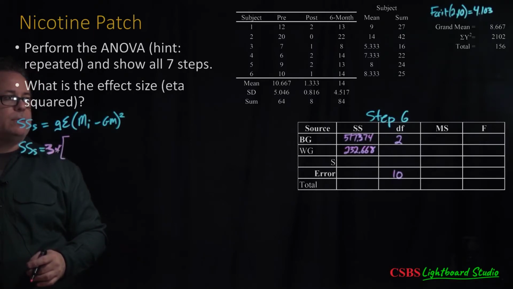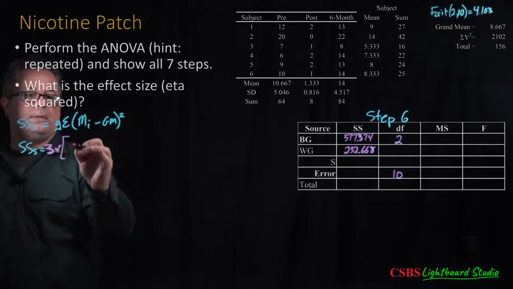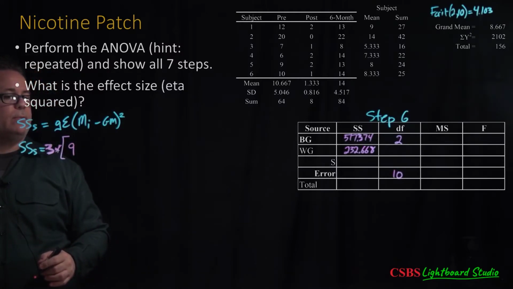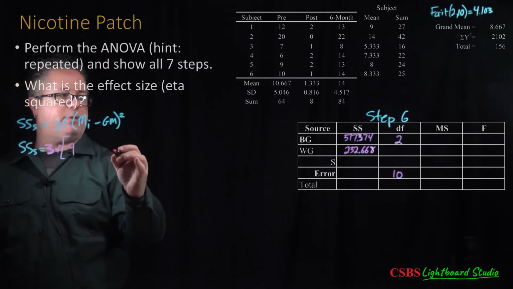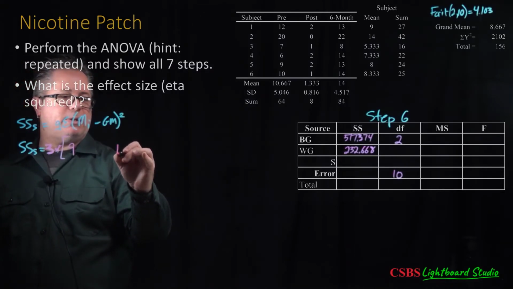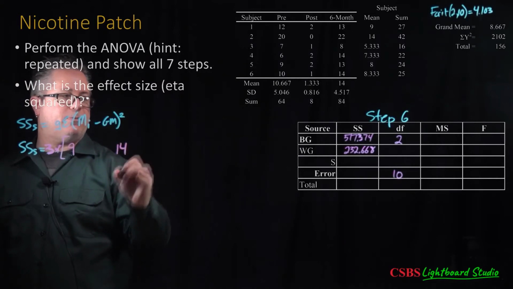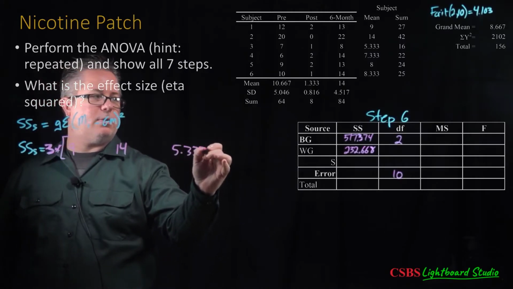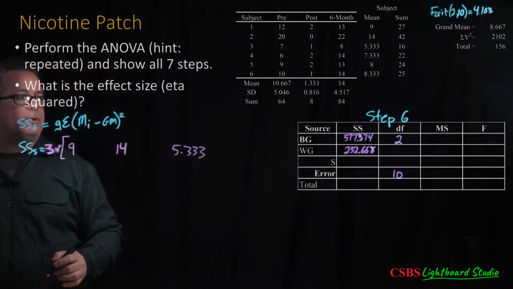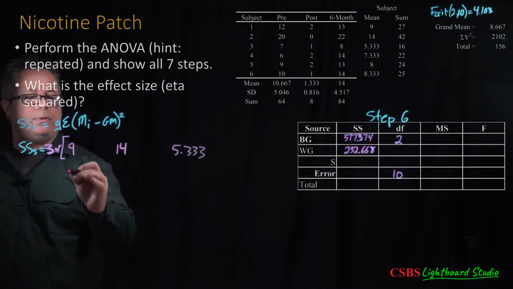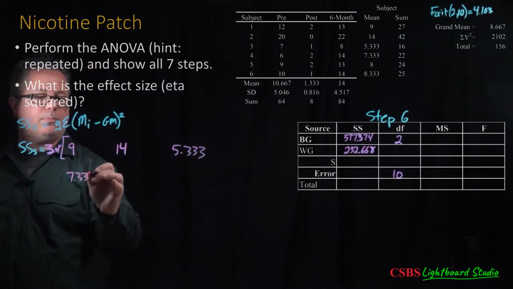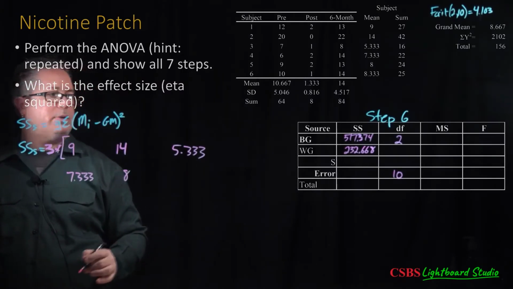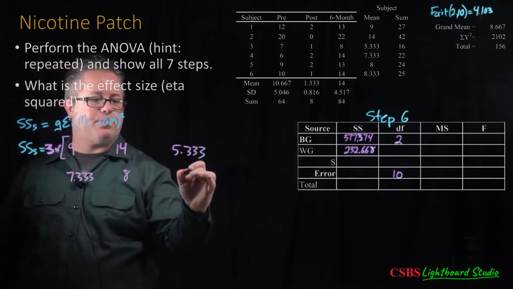So the first subject mean is 9, and then it goes 9, 14, 5.333, and then I'm going to keep going. So I have 7.333, and then 8, and 8.333.